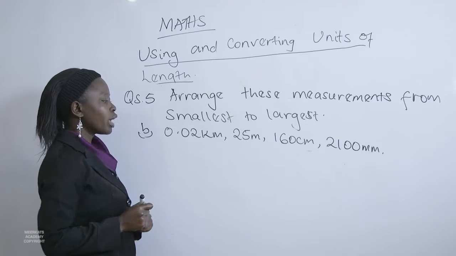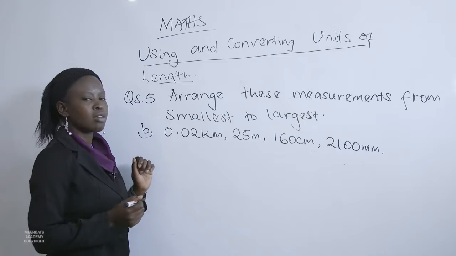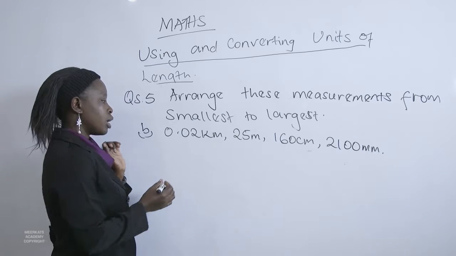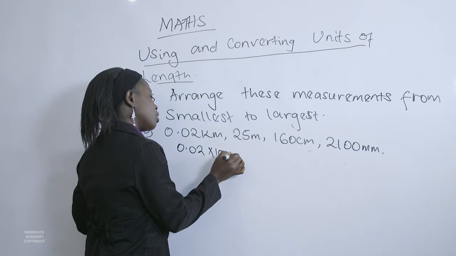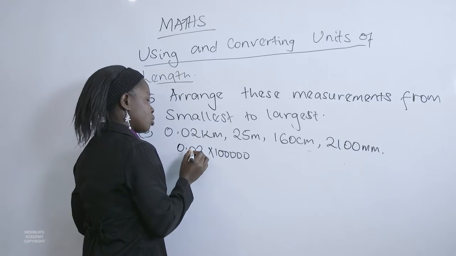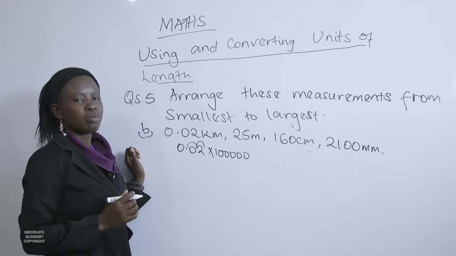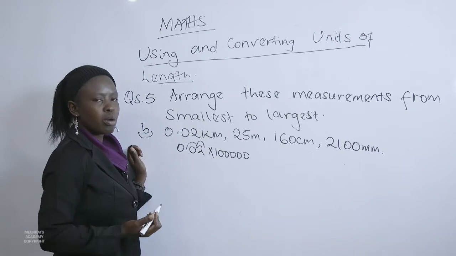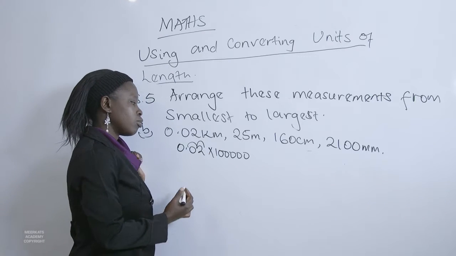So we have 0.02 kilometers converted to centimeters. It means we multiply by 100,000. So 0.02 multiplied by 100,000. The 2 decimal places are gone, because when we are multiplying by a power of 10 that is positive, the decimal place moves to the right.